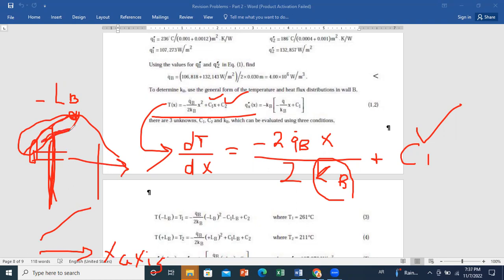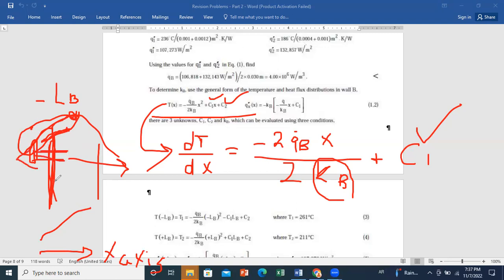And knowing that dT by dx is positive at this side, and that heat is larger within the wall than at the outer level, your flow rate will always be in the direction opposing dT by dx.